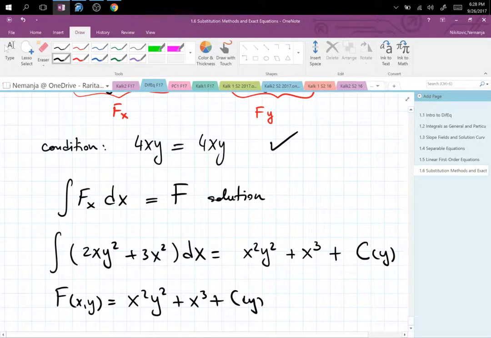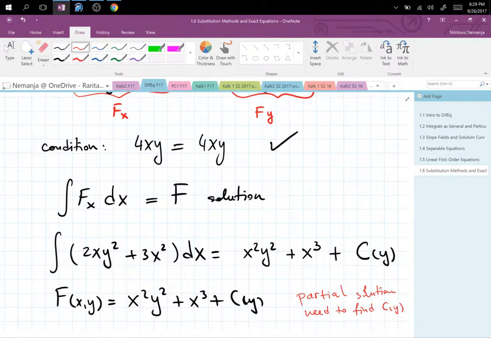Now this c of y is the unknown function of y. So this is a partial solution. Need to find c of y. That's not plus c, some constant. That's plus some function.